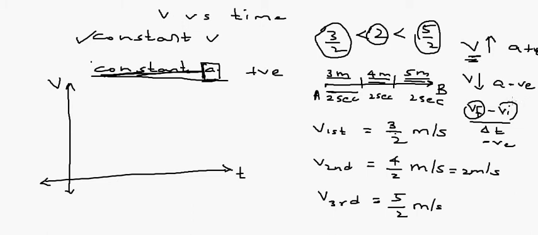And what's the physical significance of this? It physically means that if you are traveling in this direction with a certain velocity, and my velocity is decreasing, that means there's some opposing force. There is some opposition to me, and that is what is causing me to decrease the velocity, like friction.